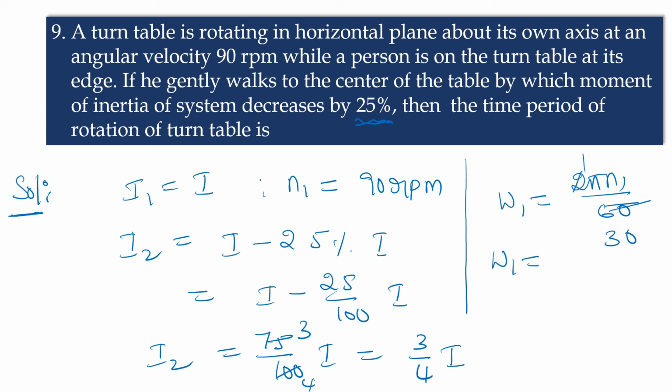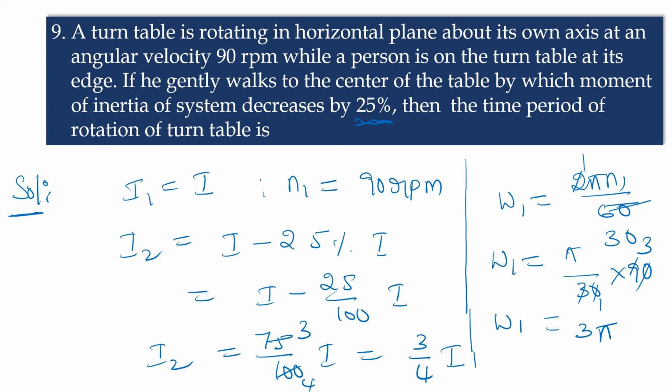Omega 1 is equal to pi N1 by 30, into 90. The zeros get cancelled, 3 ones 3, 3 threes 9. So we are getting omega 1 is equal to 3 pi.